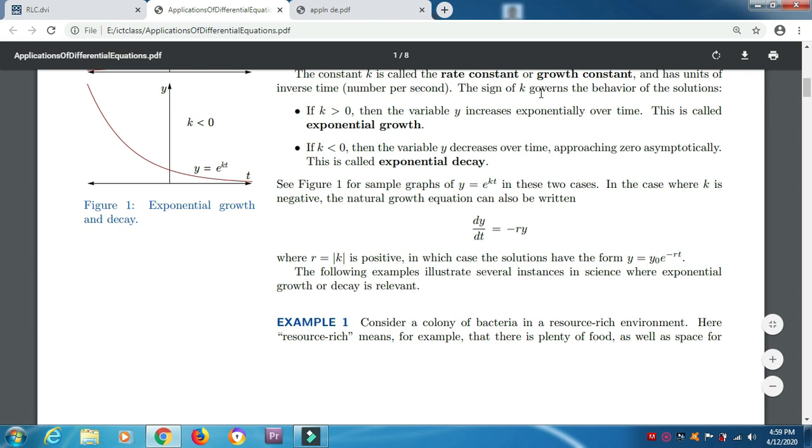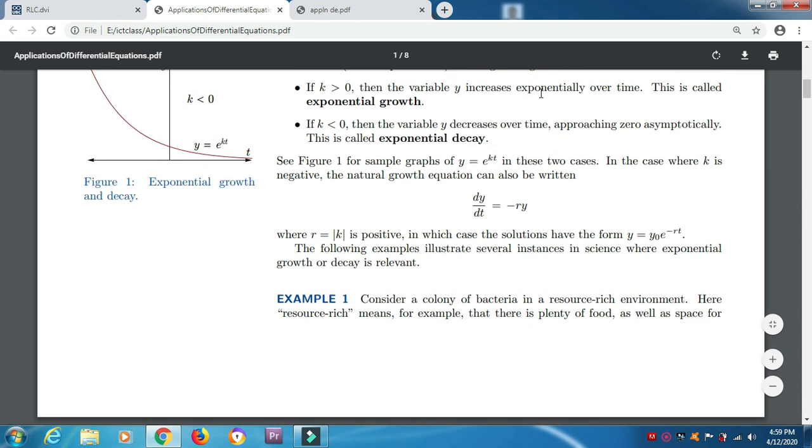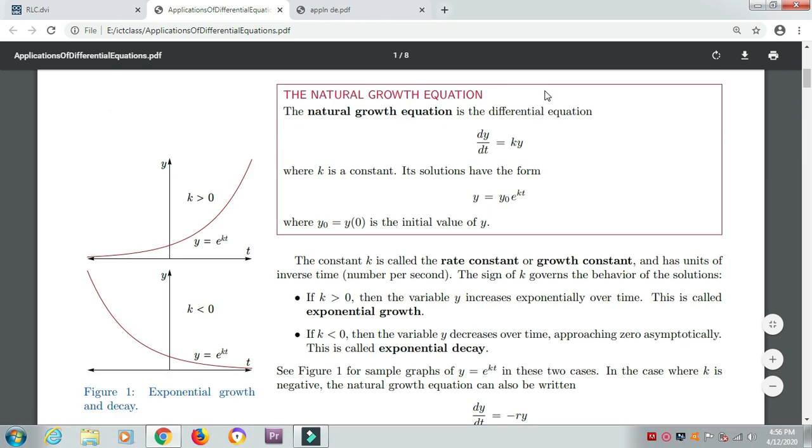Instead of k, we can write minus r, where r equal to modulus of k. This modulus of k must be a positive number, so r is positive, but here we have taken that the k value is negative, so we put the negative sign, minus r into y. Now we solve the above equation, that is we integrate dy by dt equal to minus r into y.